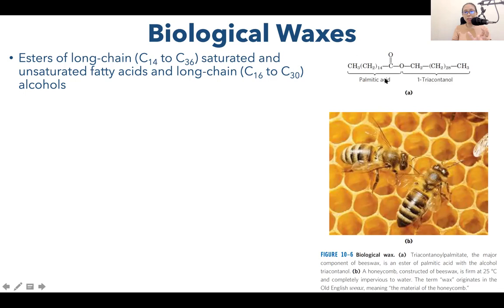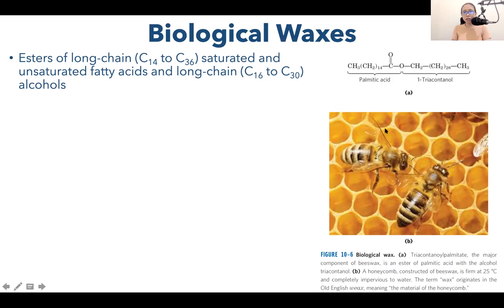So you have a palmitic acid here and a 30 carbon alcohol, which is called triacontanol. Yan. So magko-condense sila, forming an ester. And this one is the major component of beeswax.